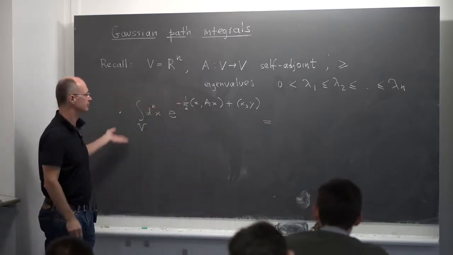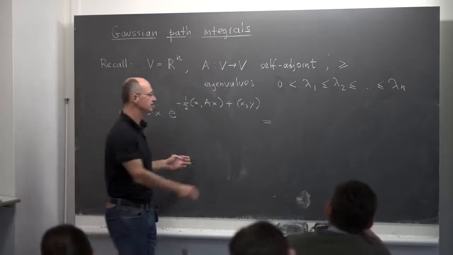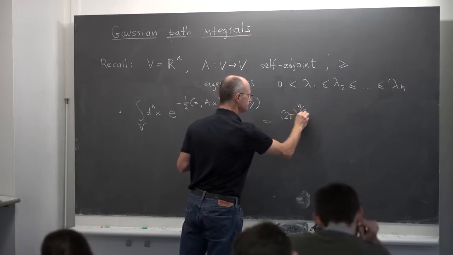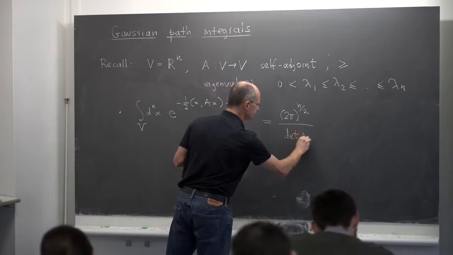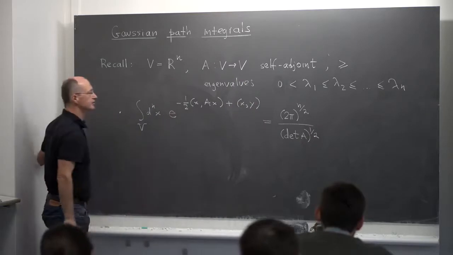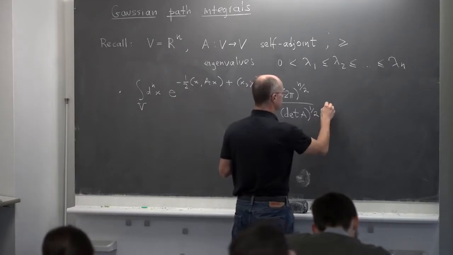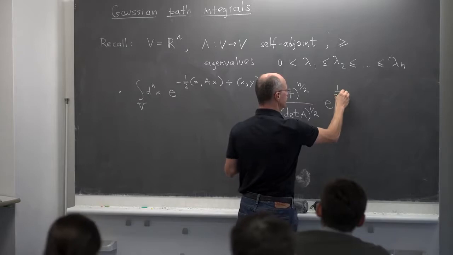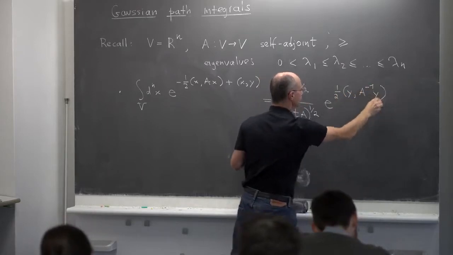We were already discussing the one-dimensional case in the steepest descent method, and the general answer is 2 pi to the power n over 2 divided by the determinant of A, which is a positive number, to the power 1/2, and here will be the exponential of 1/2 y A^{-1} y.